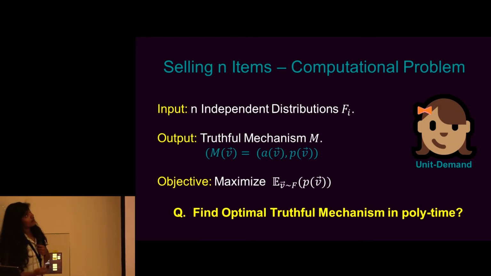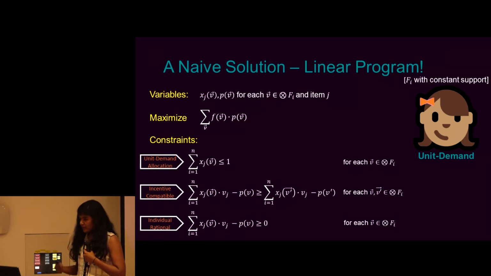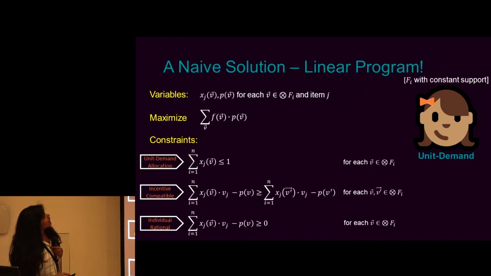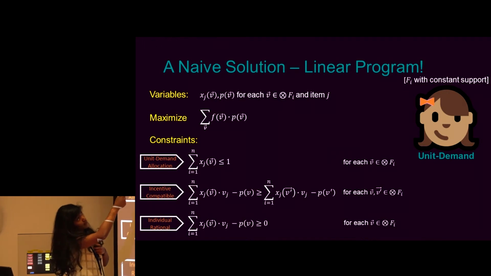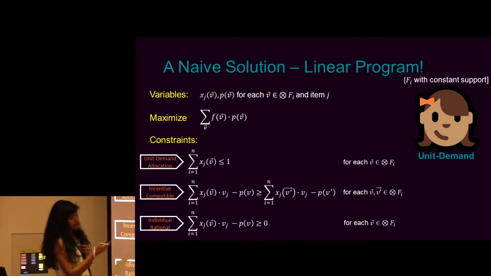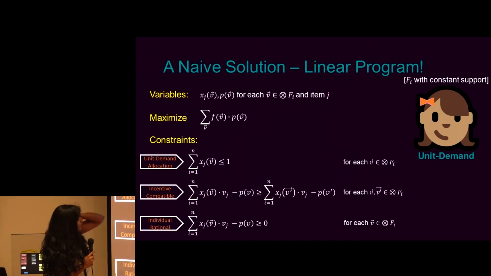Let's try it out with a naive approach. We can just write an LP and solve it. For each allocation, I'm going to have a variable, and the price is going to be a variable for each of the buyer types in the distribution. We want to maximize the expected revenue, and we have different constraints.